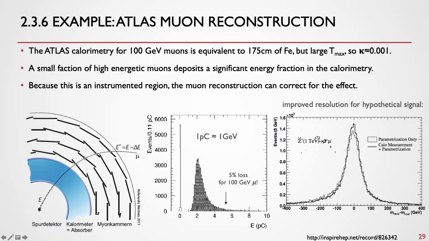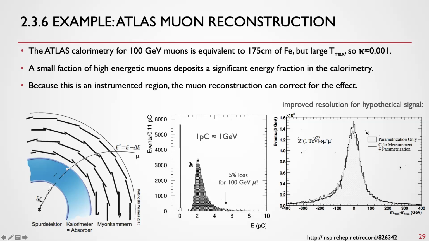It has 1 tera-electron volt and decays to 2 muons with 500 GeV, and those then traverse the ATLAS detector, and those produce this stochastic energy loss in the calorimeter, which can be 5% or more. Because it's instrumented, we have recorded it, we have this information, and we can correct for it. And you see that the reconstructed mass peak is steeper and narrower if we put back this calorimetric measurement of the ionization.